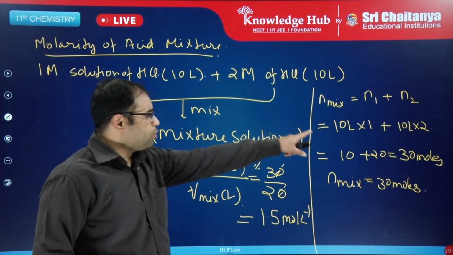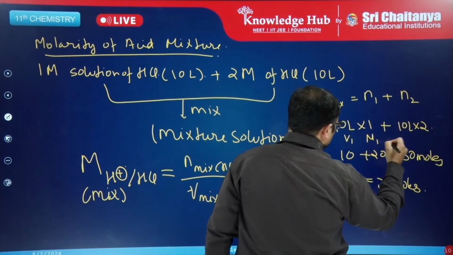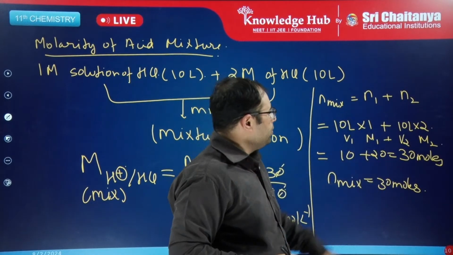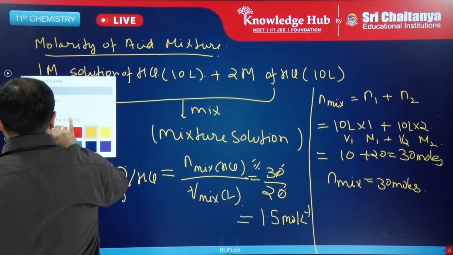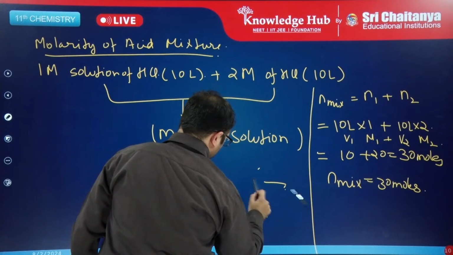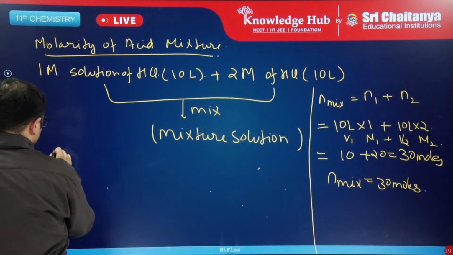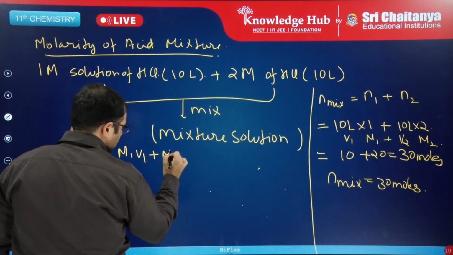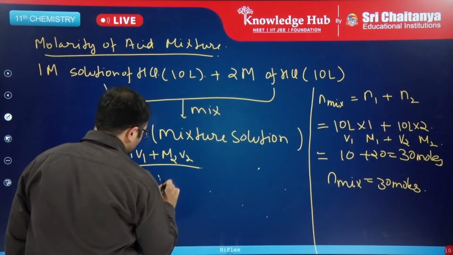So in this process, what I have done, this is M1, V1, and this is V2, M2, so I added them up. In mathematics, we can write this as: molarity of mixture equals M1 V1 plus M2 V2, which is the total moles, divided by the volume V1 plus V2.